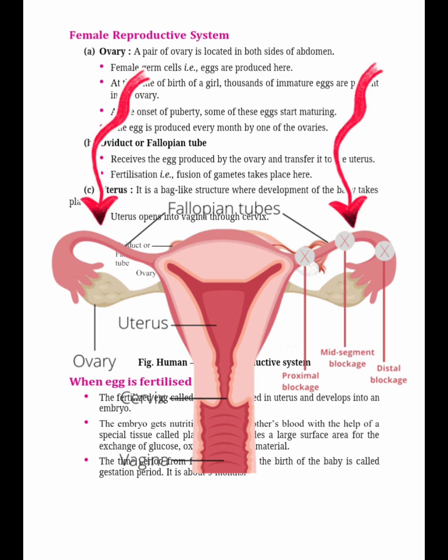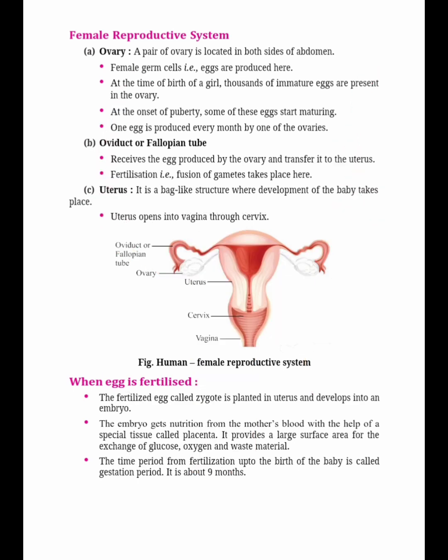Yes, these are the oviducts. The egg will be released from the ovaries, and it comes through this route. The ova's route is the oviduct or fallopian tube. The fallopian tube receives the egg produced by the ovary and transfers it to the uterus.